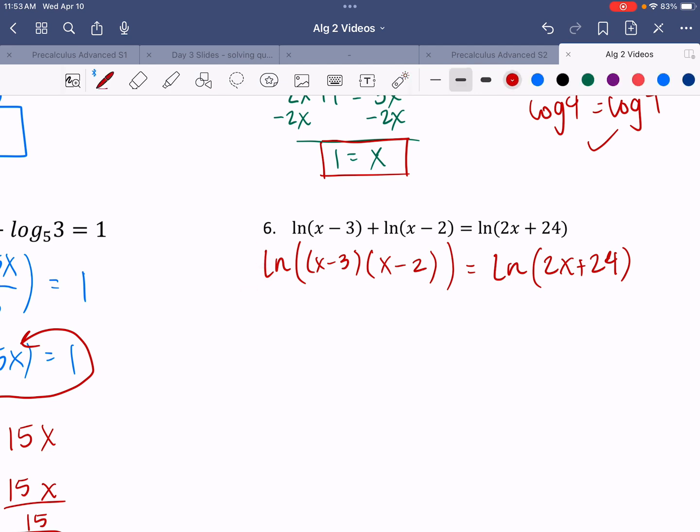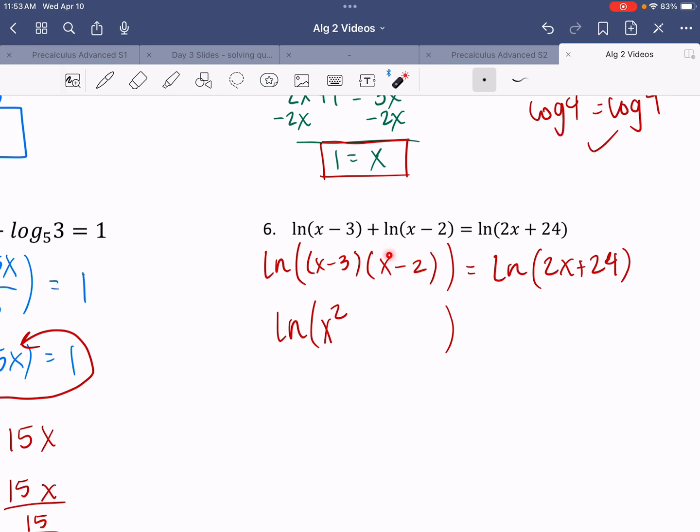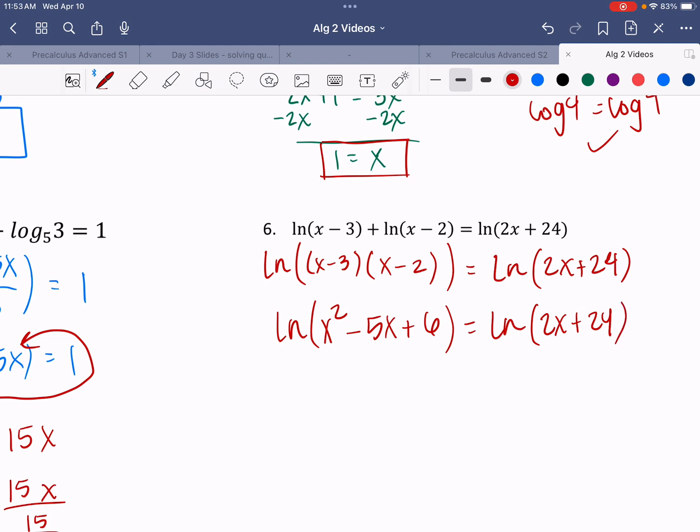But I'm going to go ahead and just keep working it now. Well, I guess I'll multiply it out. Sorry for being indecisive. x times x, x times negative 2. So I'm going to have a negative 2x and a negative 3x in the middle. So x squared minus 5x and a positive 6 equals the natural log of 2x plus 24. Now it's very clear it's a single natural log on each side.